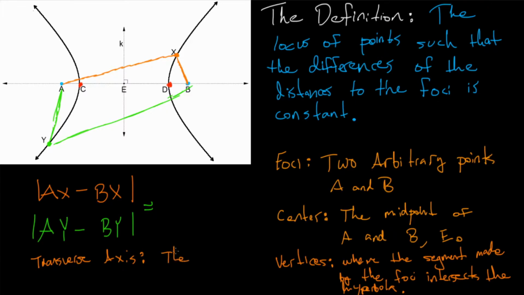So the segment constructed using the vertices. All right, so what created this hyperbola? The foci. The foci are really the only thing that matters, and then all the things that came from that, the center, the vertices, the transverse axis, all are dependent on where those two foci are placed.